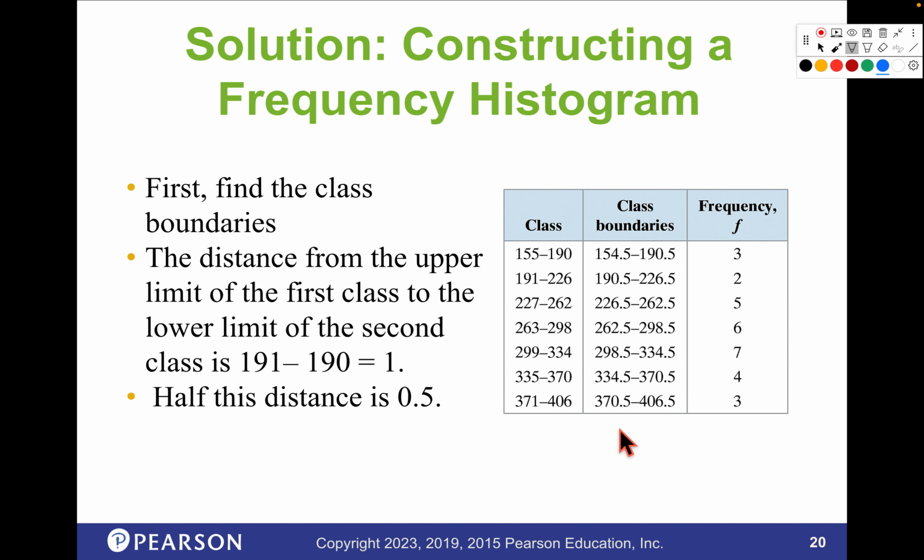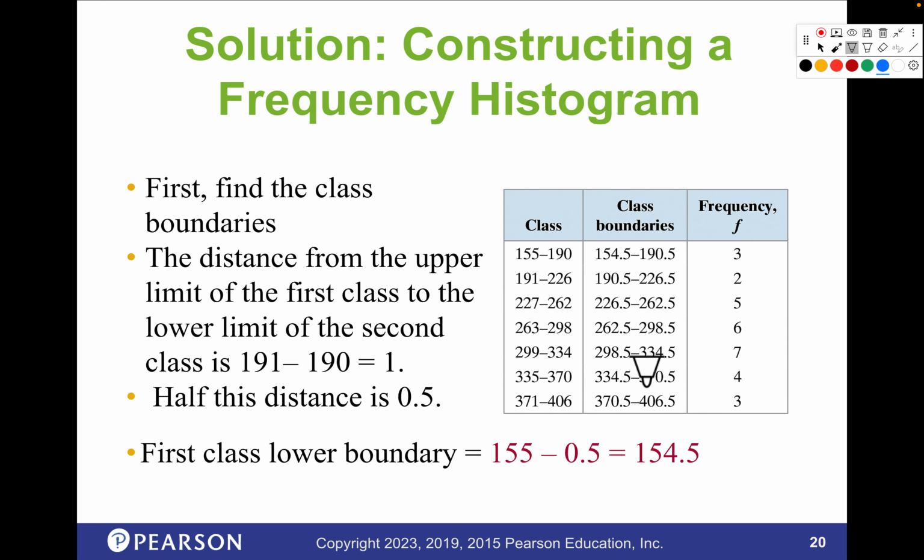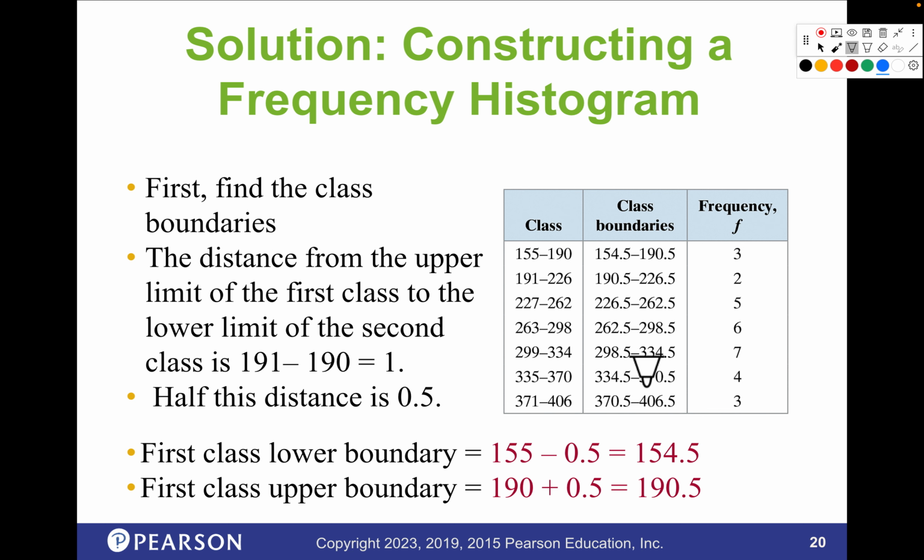But since we're dealing with discrete data, there is no number between 190 and 191, so I'm not too worried about this part. In fact, I'm going to kind of skip over it. I just want to show you that that's there because some people might use that someday. So if you see things talking about class boundaries, you go a little bit above, a little bit below, so that it includes everything. That's how you calculate. You subtract a half and add a half so that they're touching.